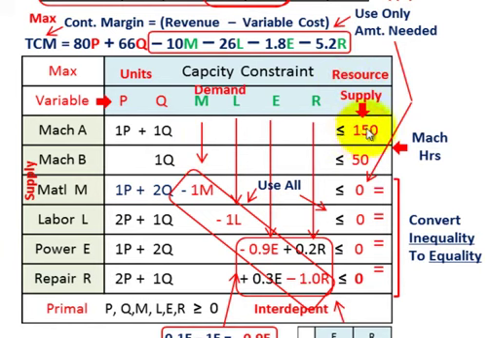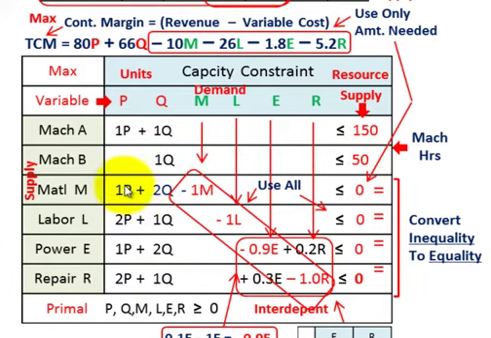So for machine A, we only have 150 hours available. So our function for our linear program has to be less than or equal to when we set it up. And then for machine B, we only have 50 hours. So those are our machine hours. That's our resource supply as you look at it. So that's less than or equal to as well for machine B.